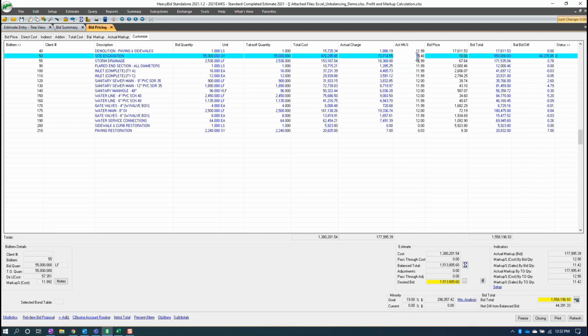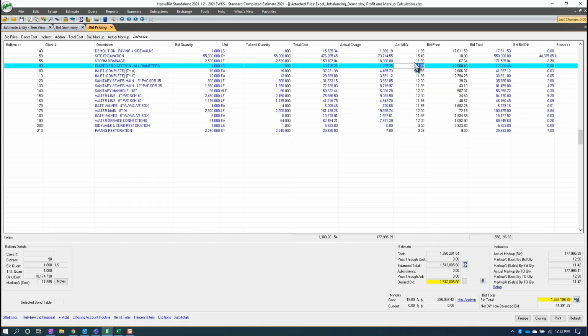Now it's 15.48 because it's 73,714 divided by 476,285. Yep, 15. And you can trust that because it is an HP calculator, which I highly recommend using. All right, so you can see this is a percentage of cost right here. And you could change that.